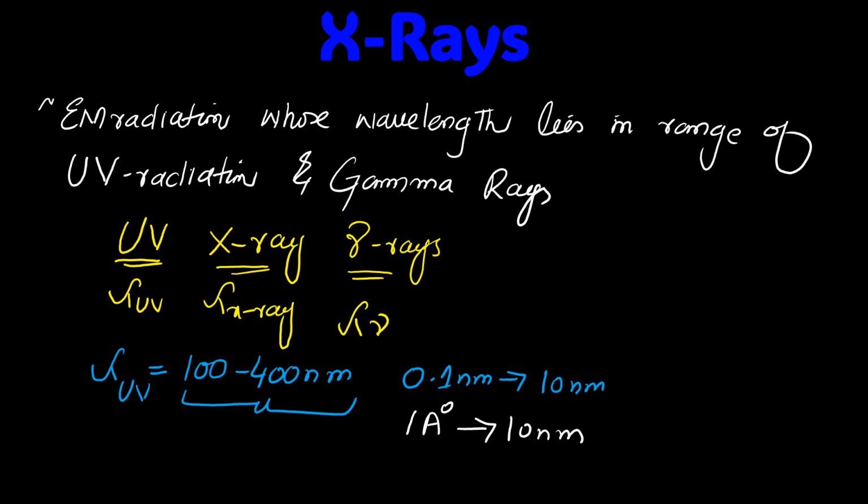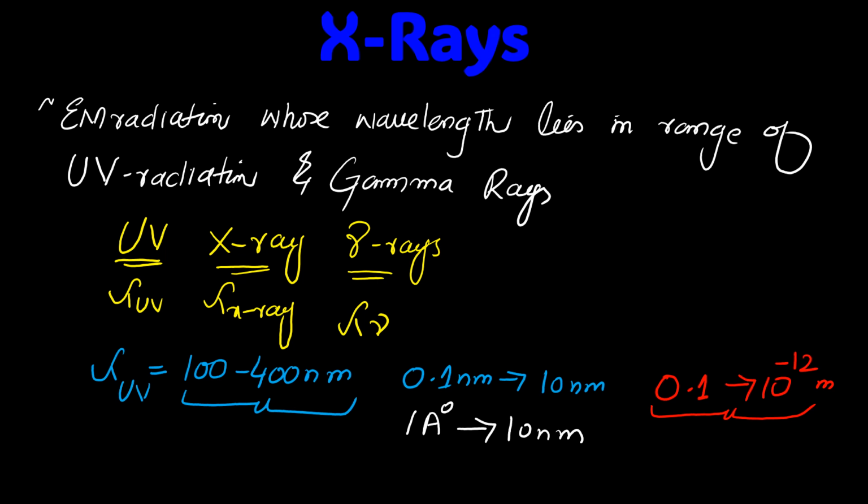Whereas the wavelength of gamma rays is very short. The gamma radiations are very short, and their wavelength is in the range of 0.1 nanometer to 10 raised to the power minus 12 meter. So this is a very short wavelength compared to ultraviolet radiation and X-rays.